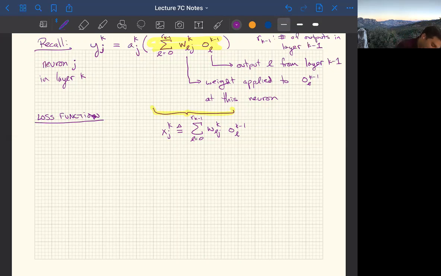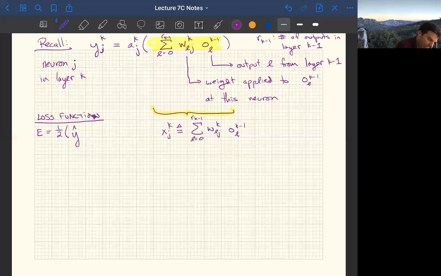And so I'm saying that E is going to be equal to 1/2 of (Y hat minus Y) squared, where this is a desired output and this is the actual output of the neural network.